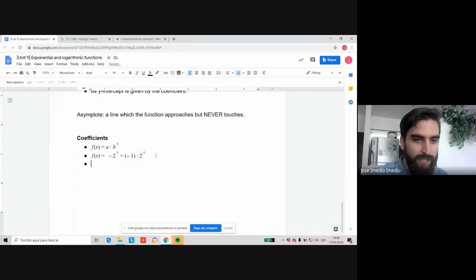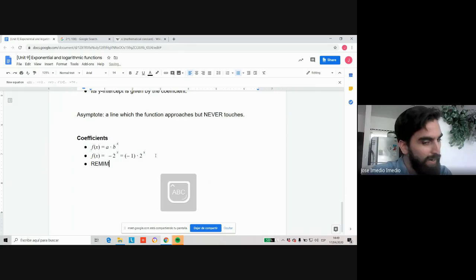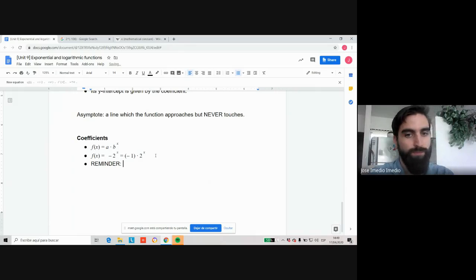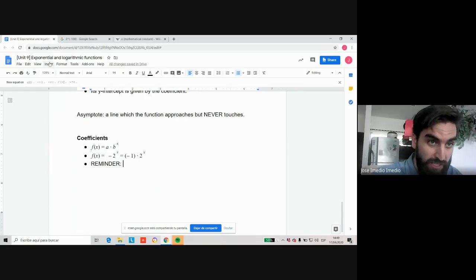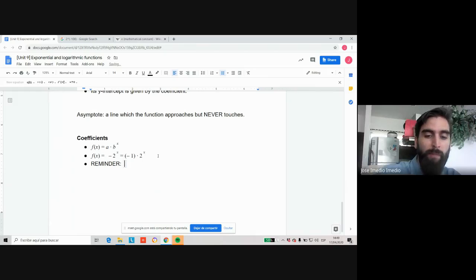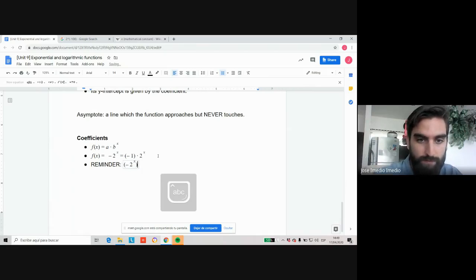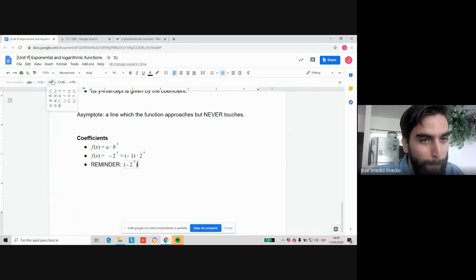Okay, and at this point, I want to make a very important reminder, which I think will help make this a little bit clearer: -2 raised to the power of x is completely different from this.